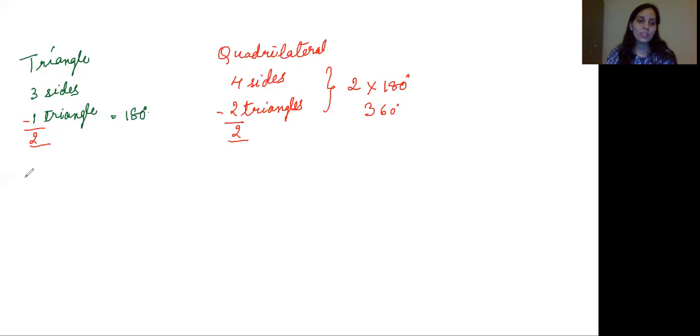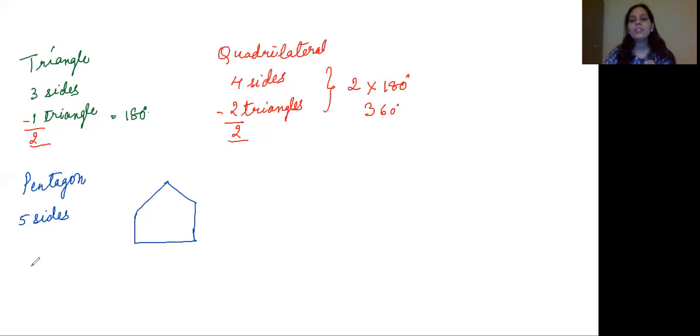Now, after the 4 sides, let me take a 5-sided figure, the pentagon. I would like to draw this for you. A 5-sided figure is known as a pentagon, so we clearly know it has 5 sides. And how many triangles does it have? I'll just divide this and draw a line again. So we see 1, 2, 3, altogether 3 triangles.